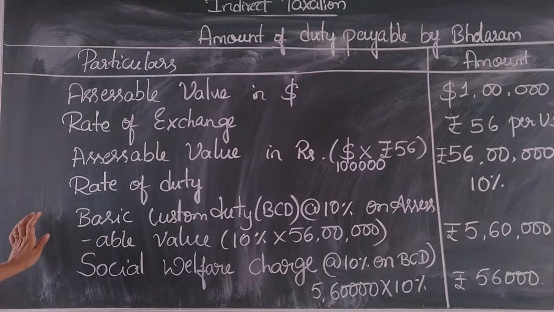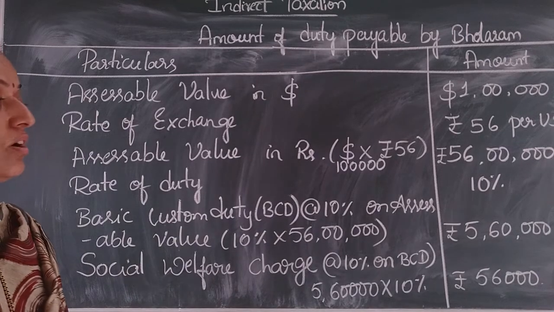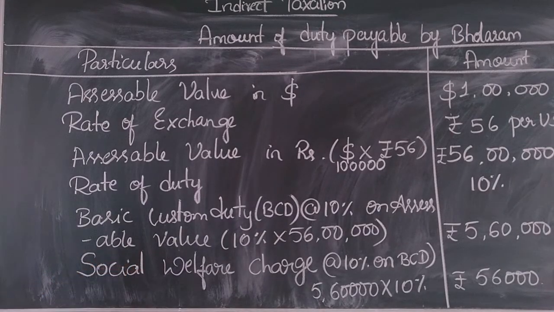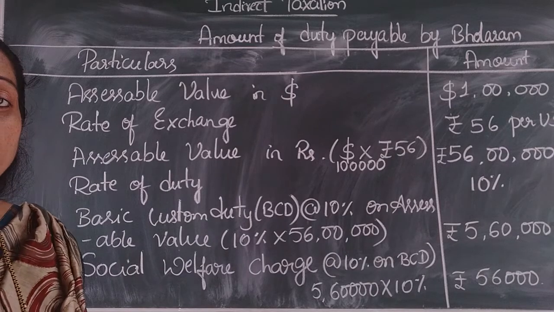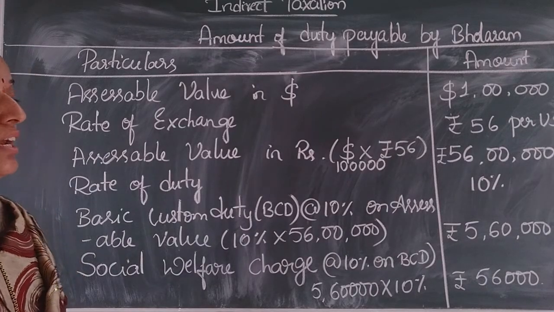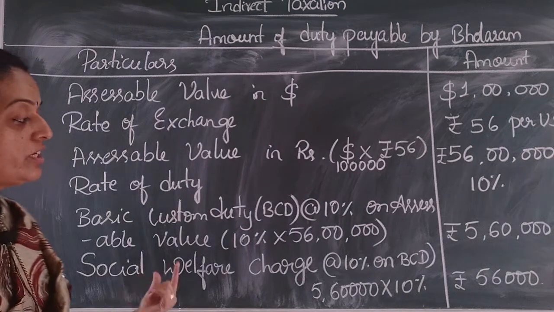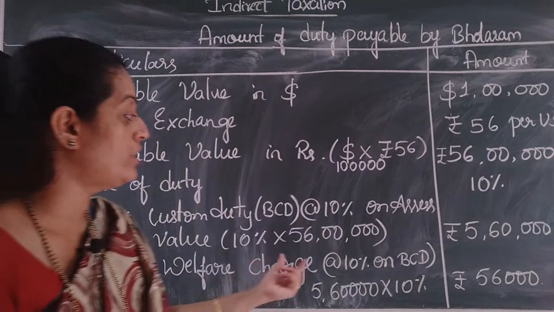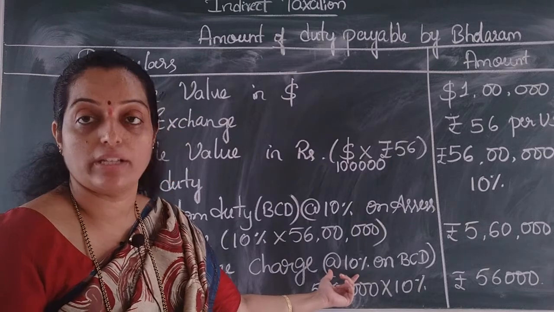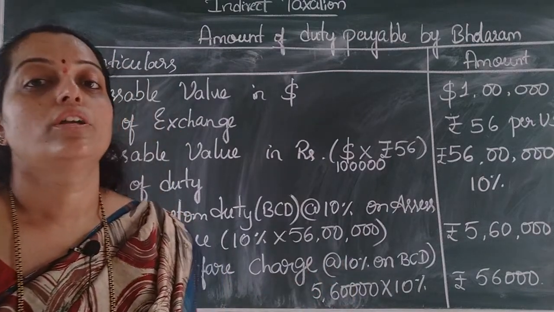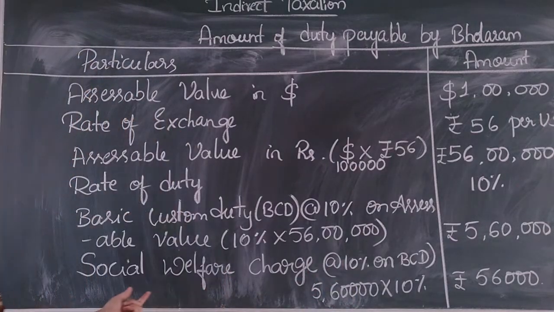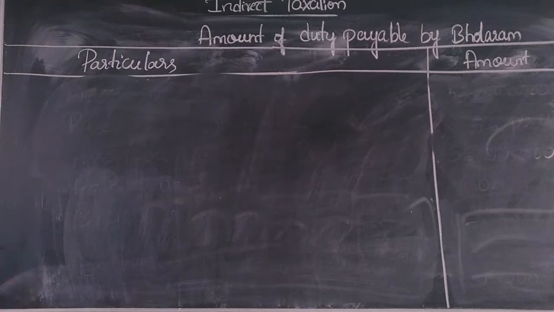Then basic customs duty becomes 10% on the assessable value, that is 56 lakhs multiplied by 10%, which gives you 5,60,000. Next, social welfare charge: it is not given, but we need to take 10% in all cases. On the 5,60,000 BCD, 10% social welfare charge gives you 56,000.